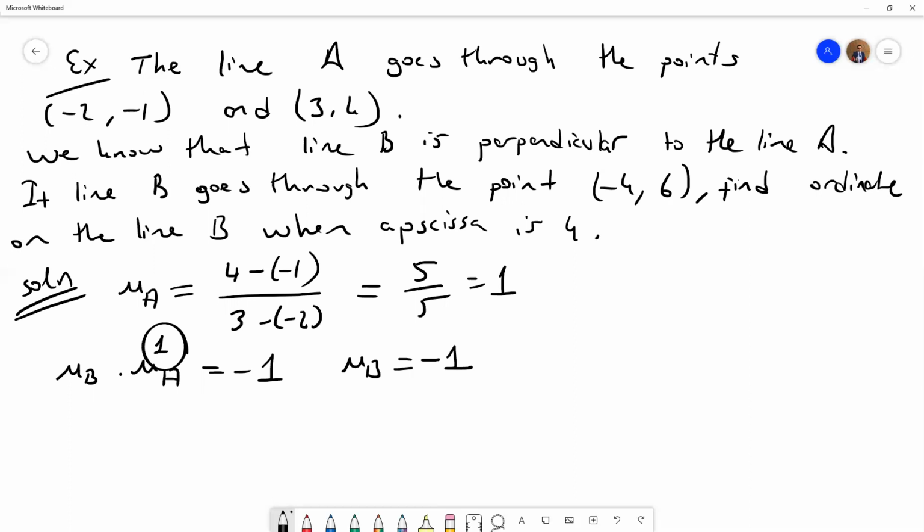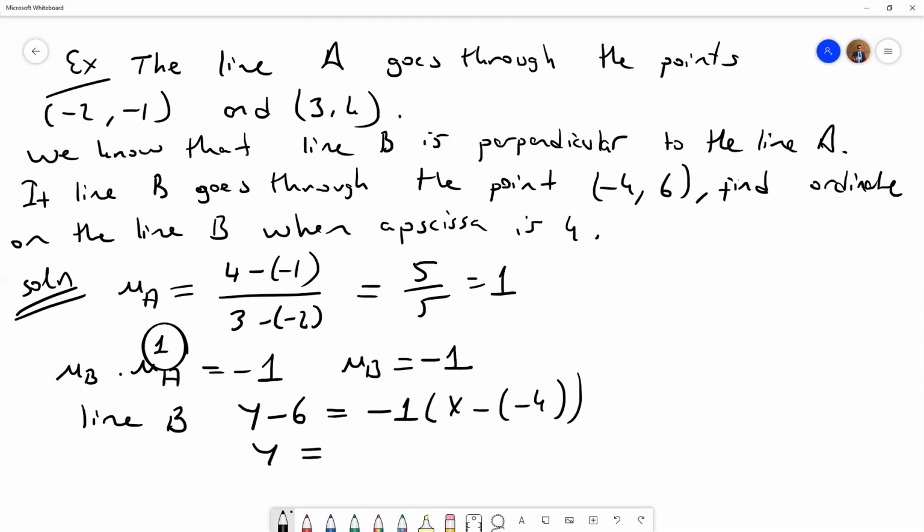Lastly, we have to find line B. We know that line B goes through the point (-4, 6), so y minus 6 equals the slope, -1, times (x minus -4).